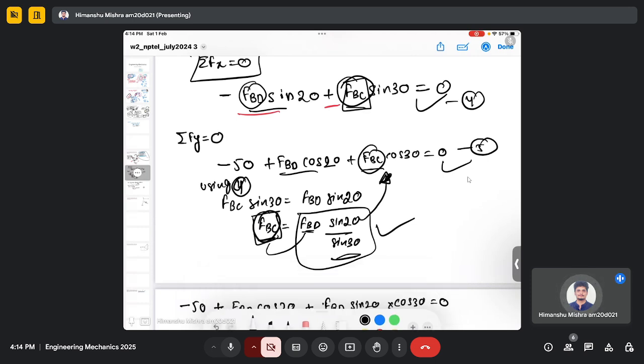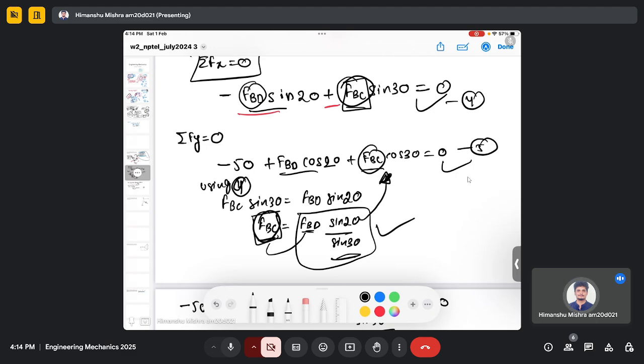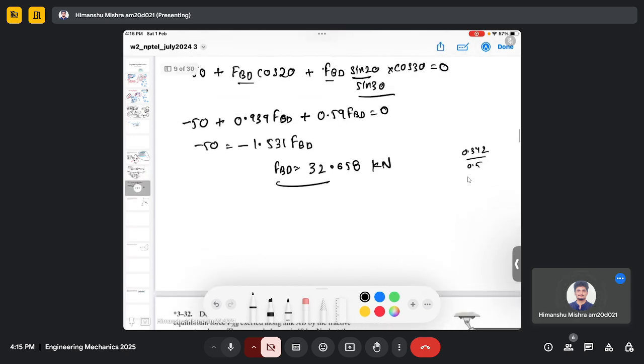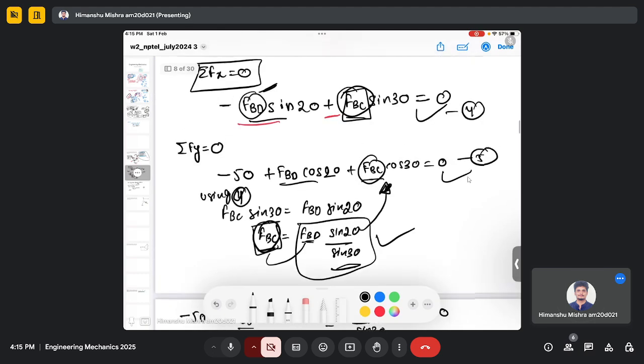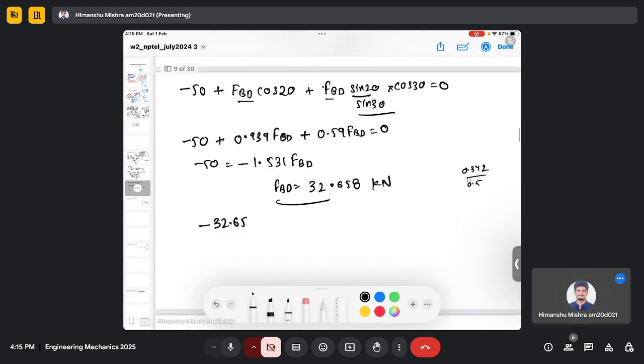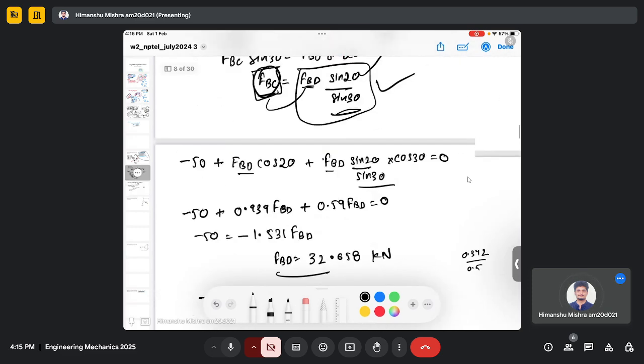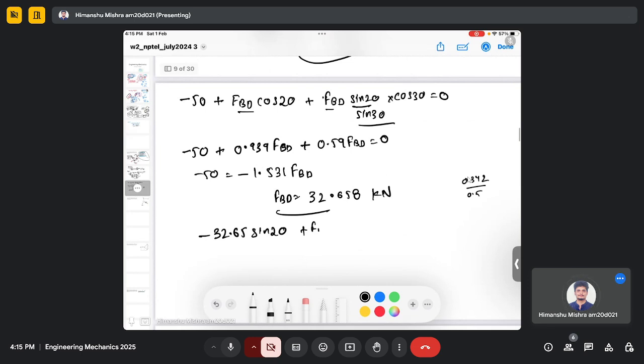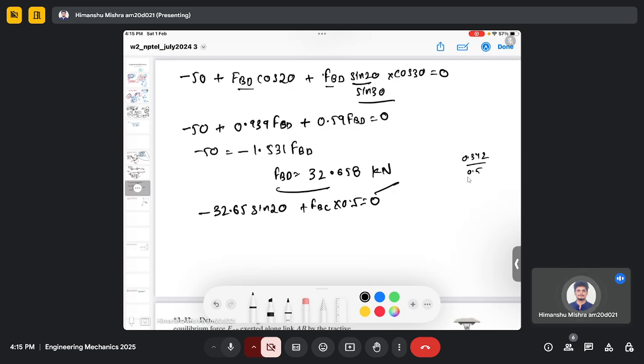So let's say I choose equation 4, where I substitute the value of FBD. So it is minus 32.65 sine 20 plus FBC sine 30, which is 0.50. So this comes from equation 4, this one.